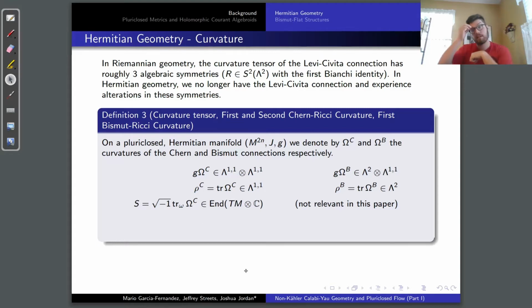You can swap them at the cost of a minus sign. So combinatorially, the Bismut curvature is a little more difficult to work with, just because it has more non-vanishing components.